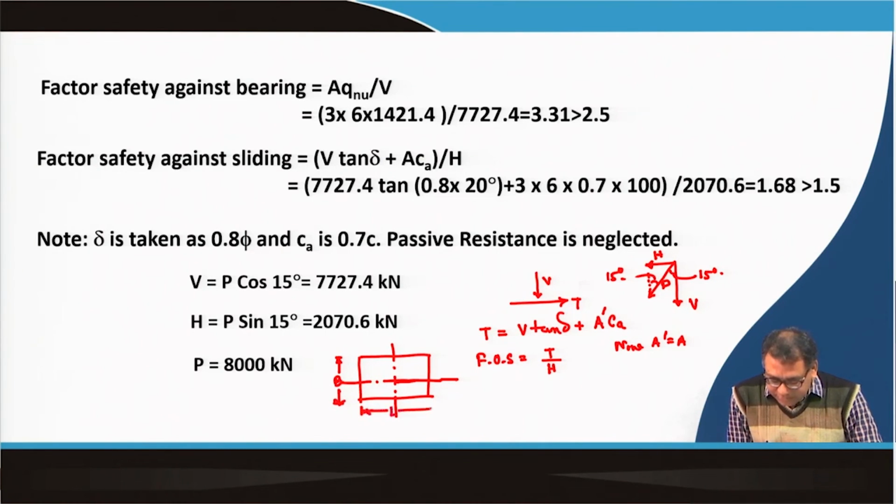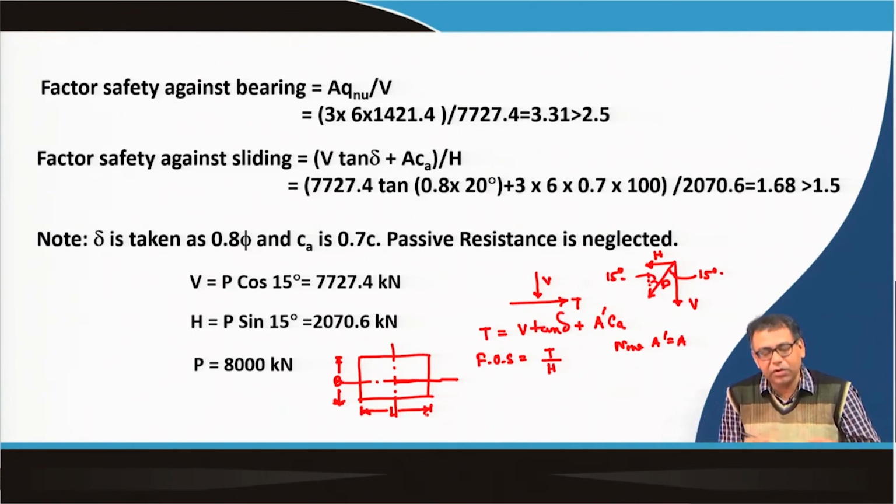But here, we have used the Meyerhof bearing capacity equation, and it is not required to know in which direction the inclination is. If we know the amount of inclination with respect to the vertical axis, that is good enough to calculate the bearing capacity as per Meyerhof's theory.